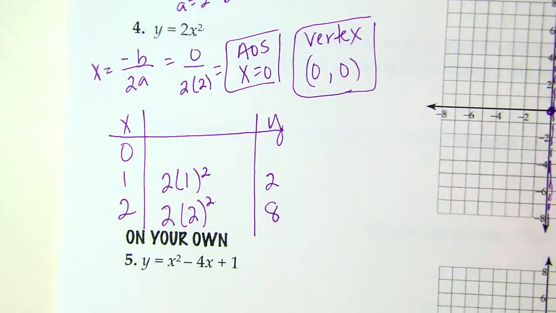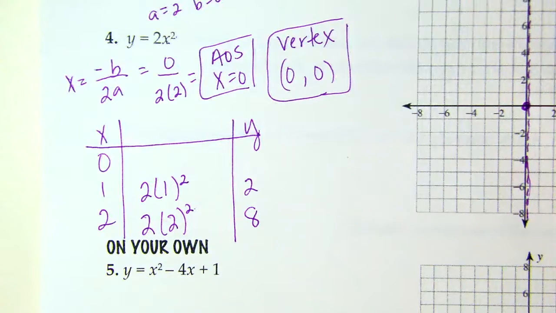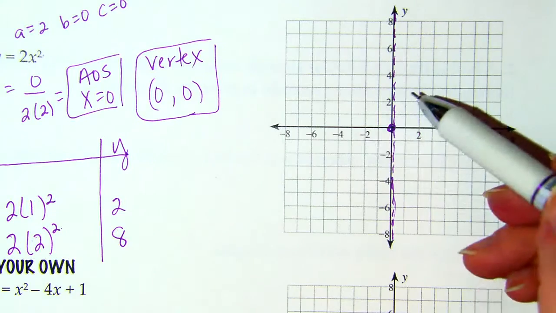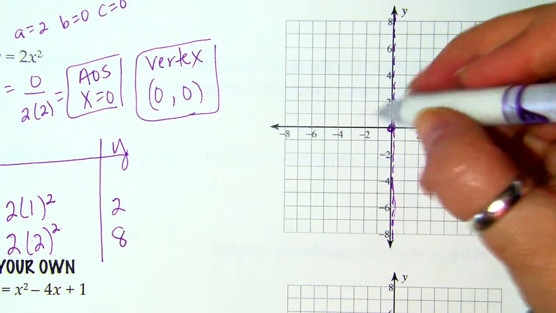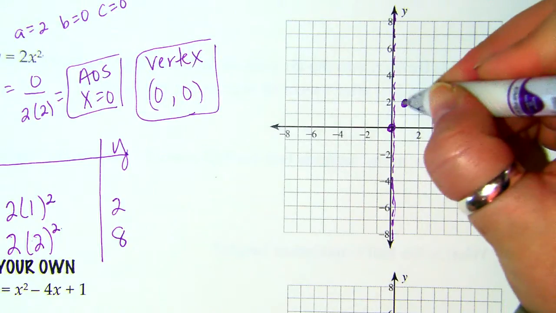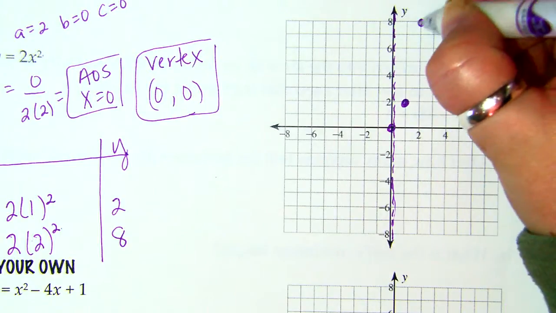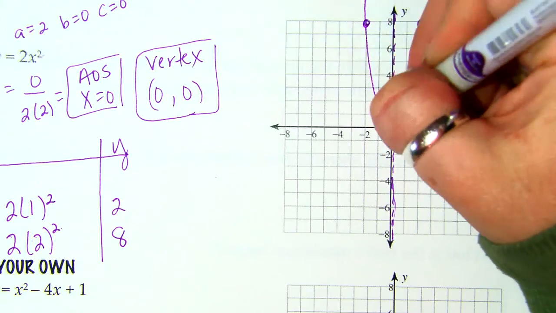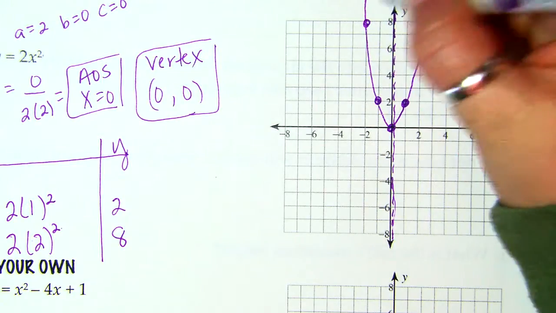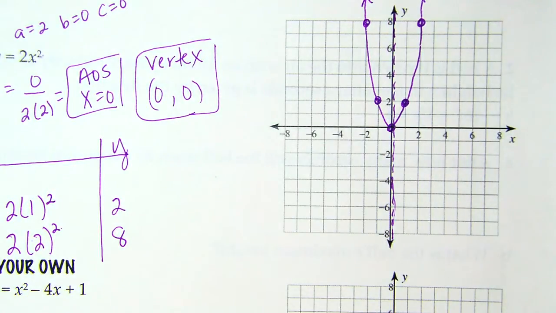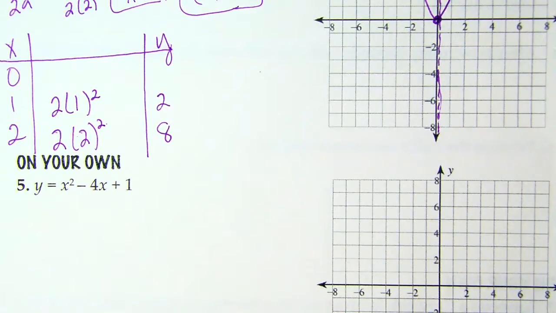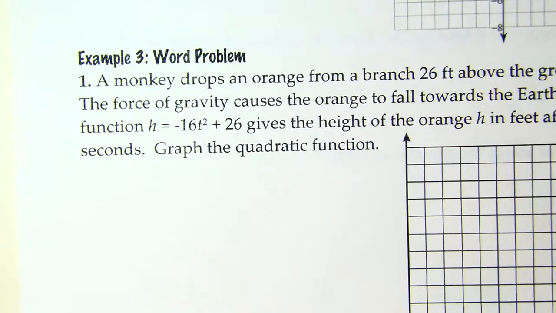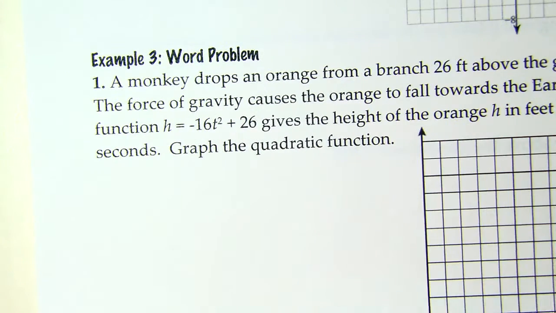So when there's not a big equation here, this is actually pretty easy. So we already plotted the vertex. Next point is 1, 2, and the next one is 2, 8. Then reflect, reflect, and connect. Okay, now that's the last one. So you'll have one more to do on your own after the video. And we've got a word problem left, and we'll be finished.